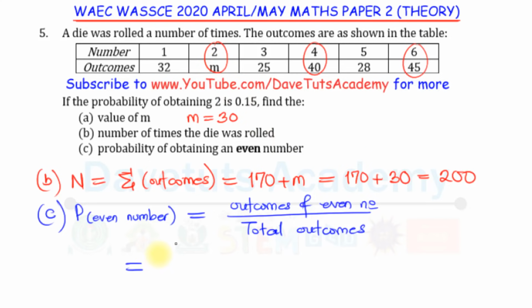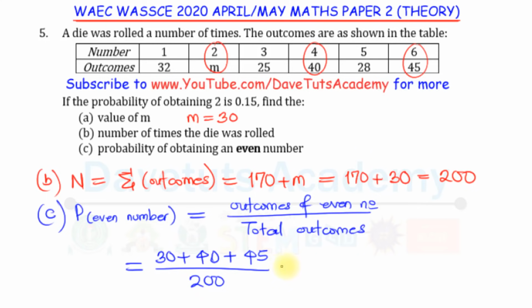So we have this as 30 plus the outcome of 4 as an even number, which we are given to be 40, plus the outcome of 6, which is another even number, which we are given to be 45, over the total outcomes for all the numbers of the die, that is 200. We just evaluated that.